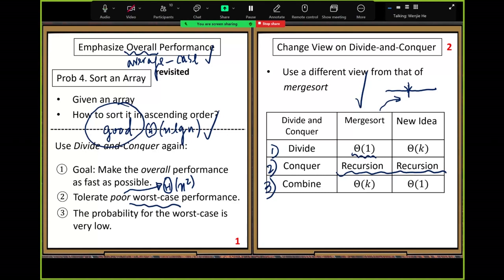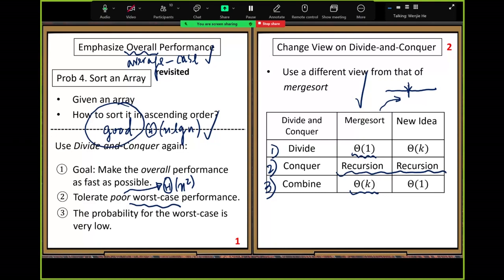But for merge sort, in the combine step, you need to do a lot of work, right? You need to merge two ordered arrays. The amount of work is big theta of k. Here k represents the total number of elements you want to sort in the current step.